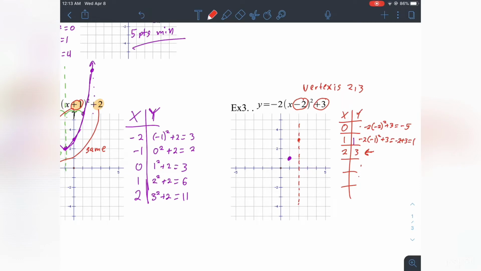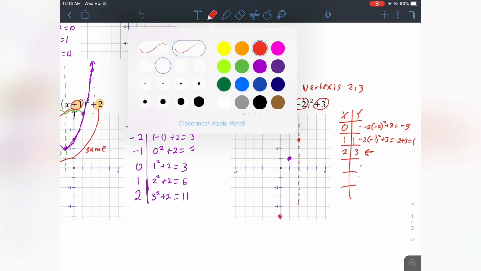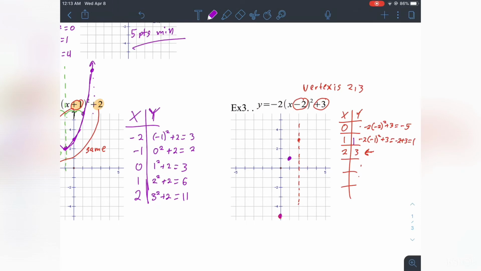Okay, so I get 0, -5. Now I can flip these to the other side of the parabola. So that's 1 away, that's 2 away, and I'm done. And there's all sorts of patterns we can look for. If there's a negative in front, it always opens down.